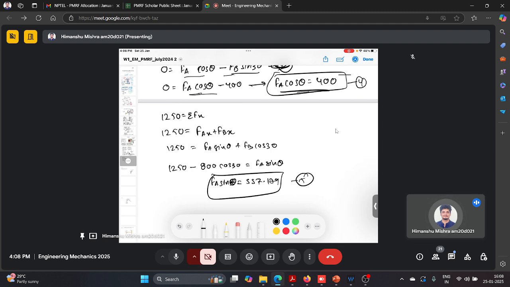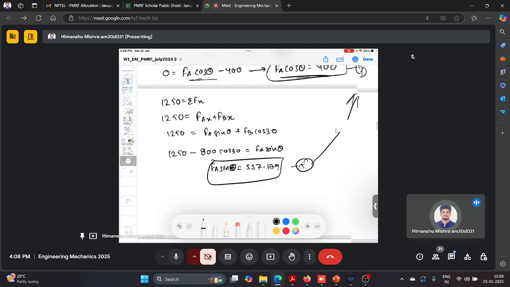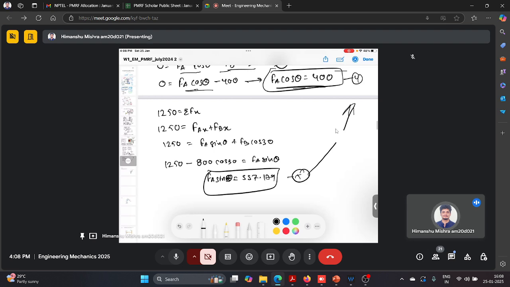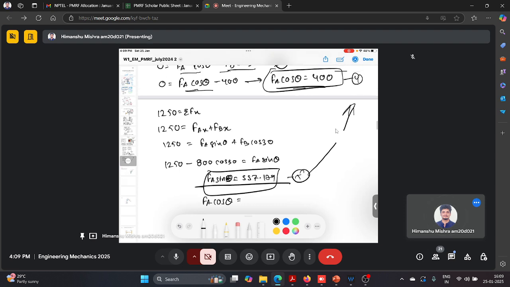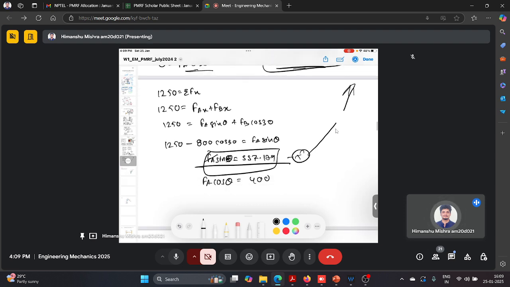So basically you can divide equation 5 by equation 4, because when you do that, you can remove Fa. If you divide by Fa cos theta equals 400, then Fa cancels and sin theta over cos theta becomes tan theta, which is equal to 557.179 divided by 400.